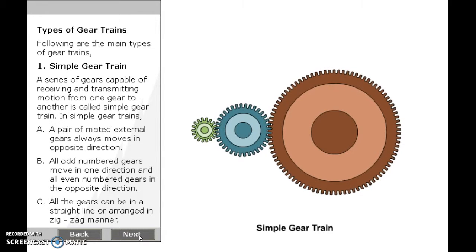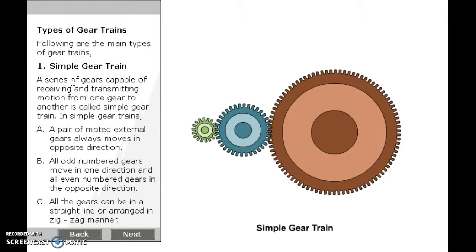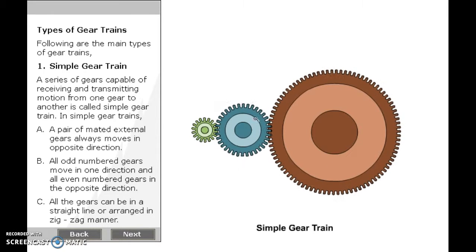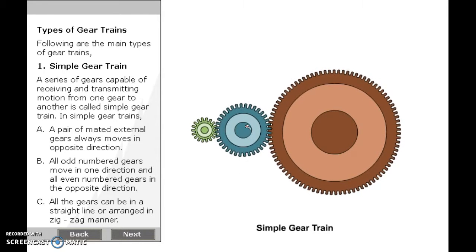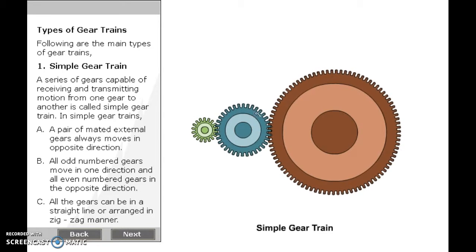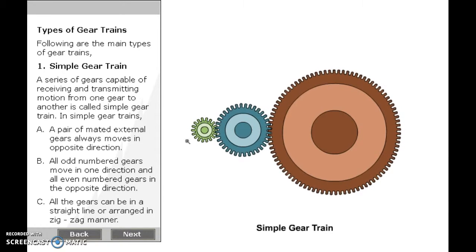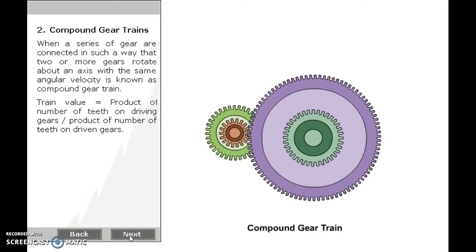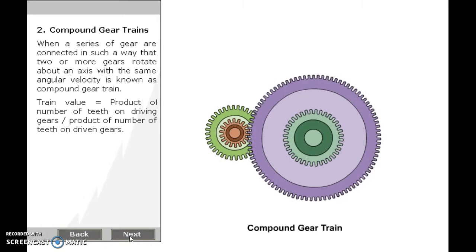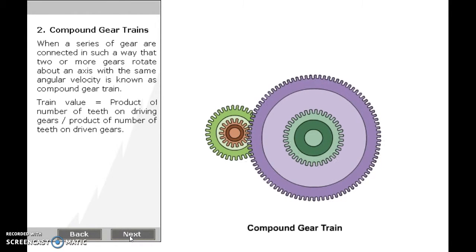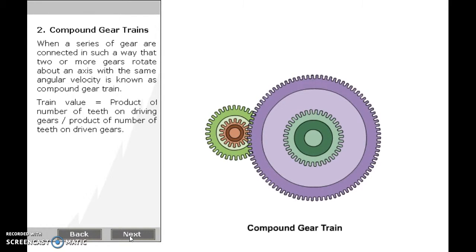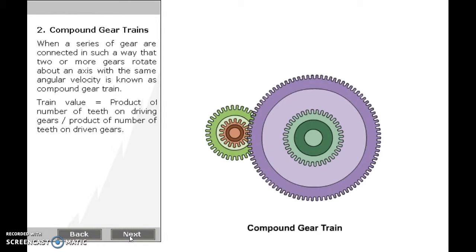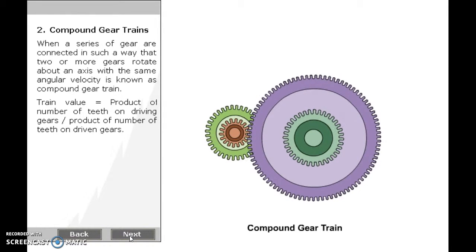In such conditions we are using gear drives. There are different types of gear trains. The simple gear train: in a simple gear train, power is simply transferred from one gear to the second gear to the third gear, and we use it to reduce the motion or speed. The second one is the compound gear train, in which more than one gear is mounted on one shaft.